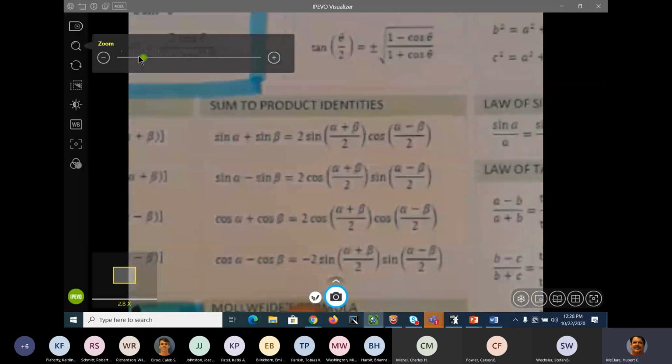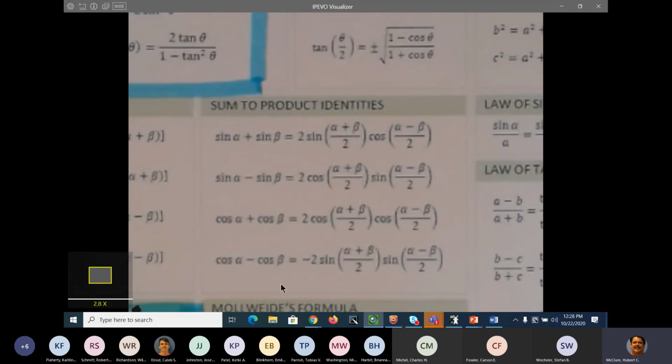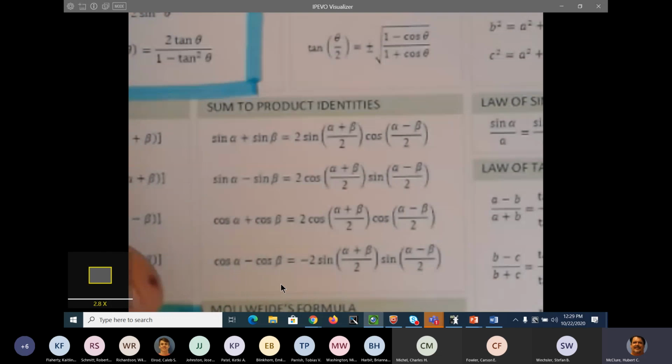So I want you to write those down. Everybody should have printed out this thing, but I guarantee you there's 1 or 2 of y'all out there that didn't print it out. But I'm not going to say anything because I don't want to embarrass you. So there it is right there. So copy those down right quick. And I'm going to show you an example, and all you're going to do is plug and chug.